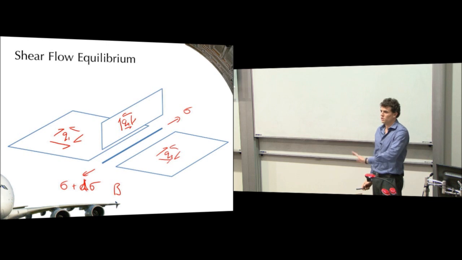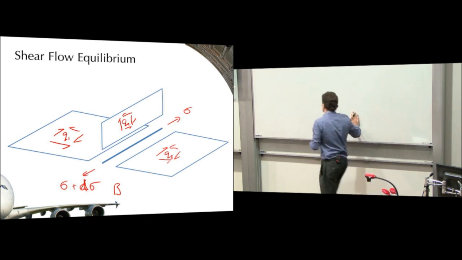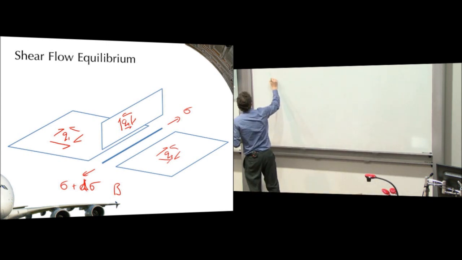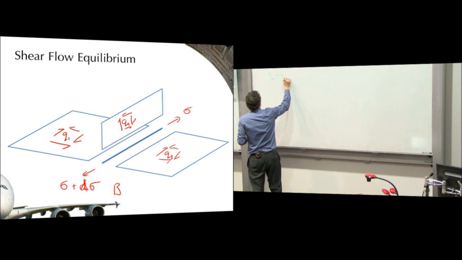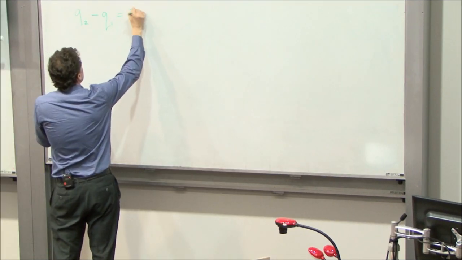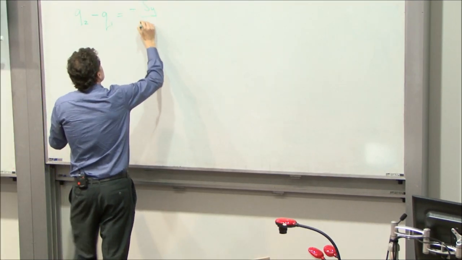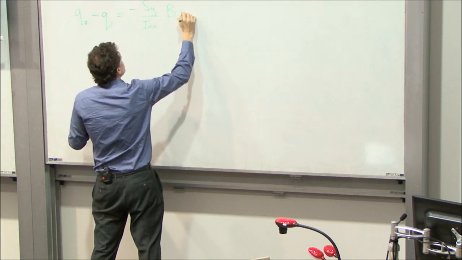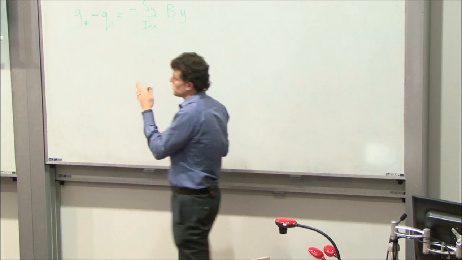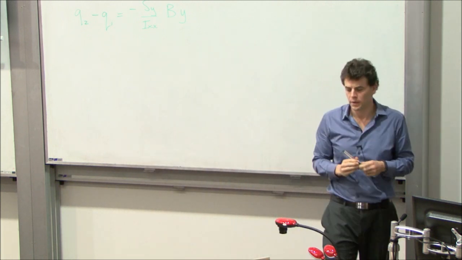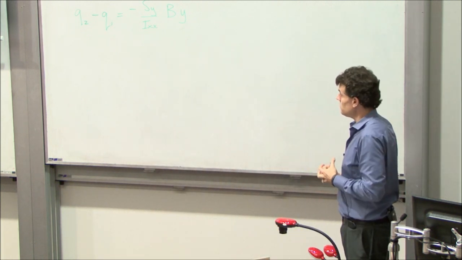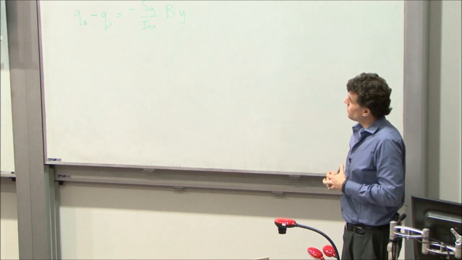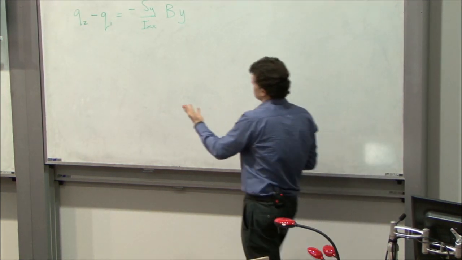We would have only had two panels, and we would have said that, say, Q2 minus Q1 ... where Y is the Y location of that boom.